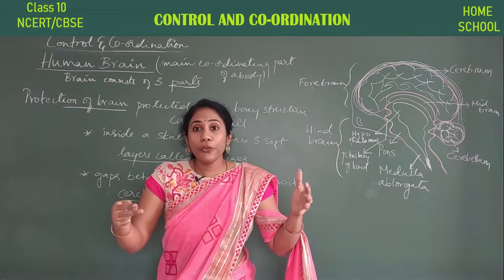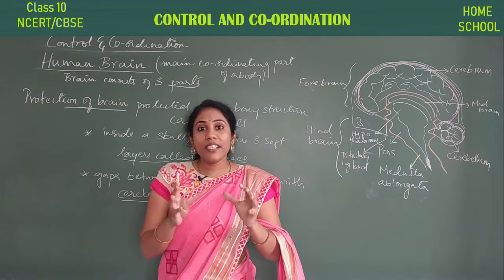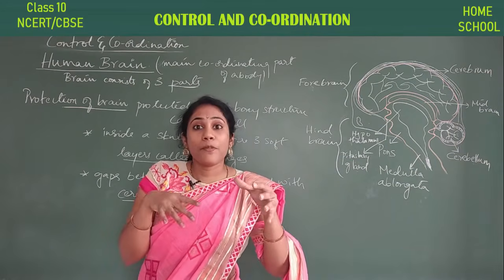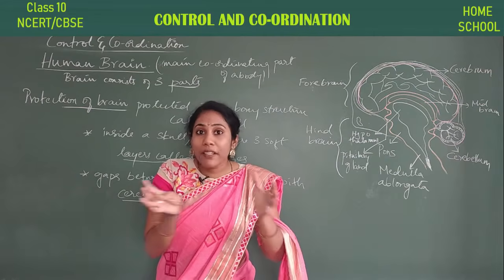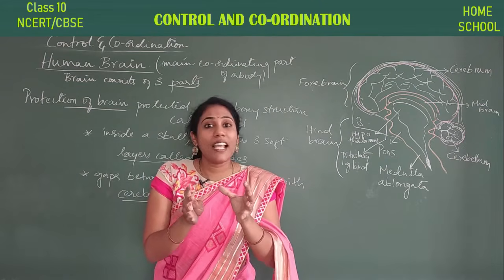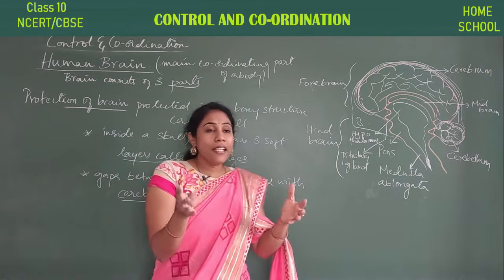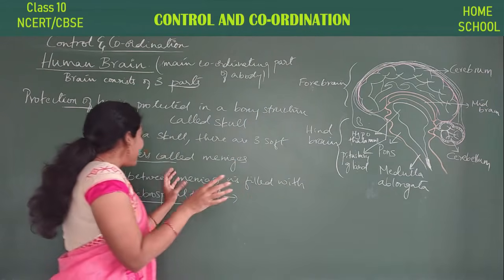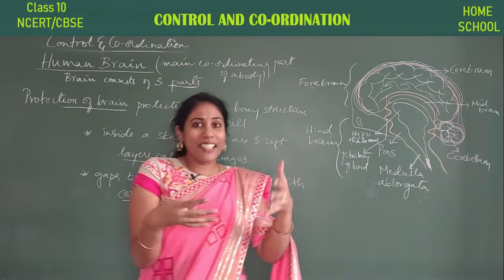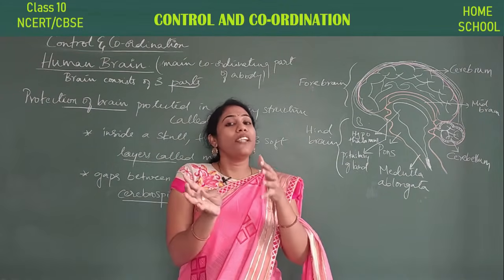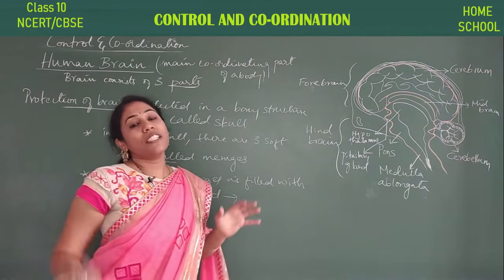Like you will keep that in a box, and you will cover the glass with papers and some sponges, isn't it? So why do you keep the sponges and papers to cover the glass items? It is to protect, because it's very delicate. So similarly, the brain is protected in these layers, where there is a gap between the layers. So that gap is filled with the fluid. It is just to give protection for the brain.